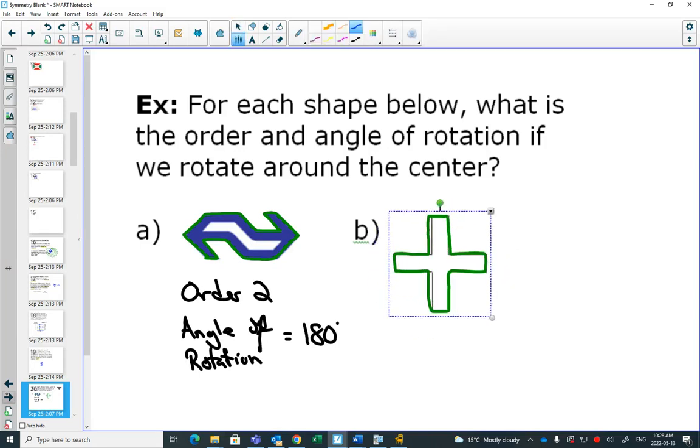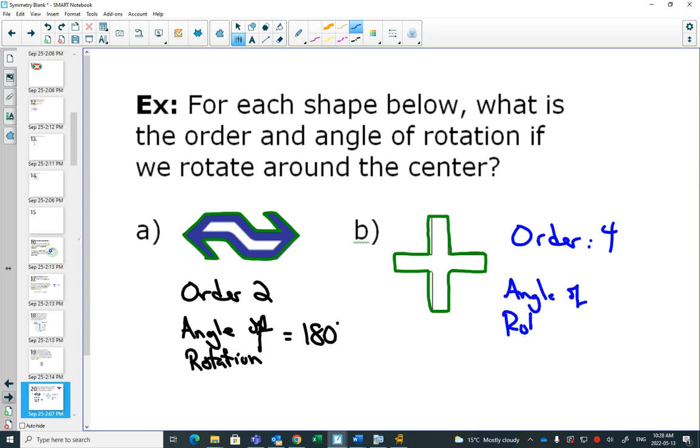So we would say the order is 4. The angle of rotation, if you use the formula, is 360 divided by 4, 90 degrees. So far, so good. Do you like this? Easy? Okay, excellent.